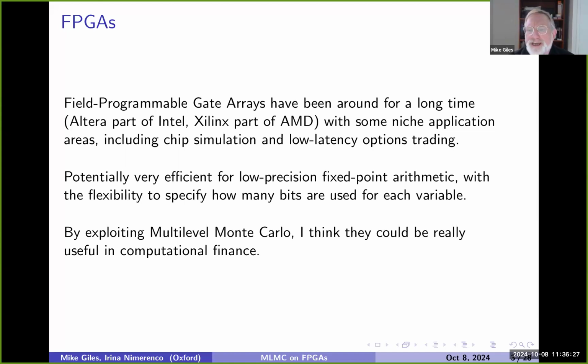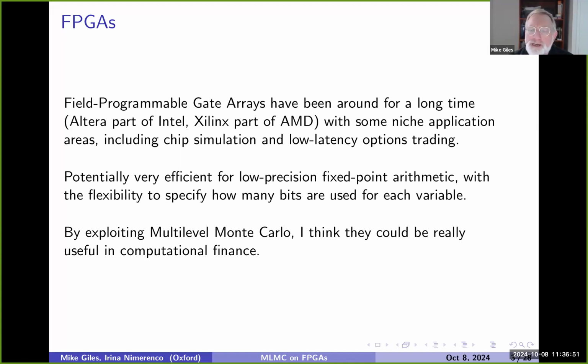Potentially, they're highly efficient for low precision fixed point arithmetic, and I'll talk later about the difference between floating point and fixed point arithmetic. They consist of millions of logic blocks, and you write a program which gets mapped onto these logic blocks.